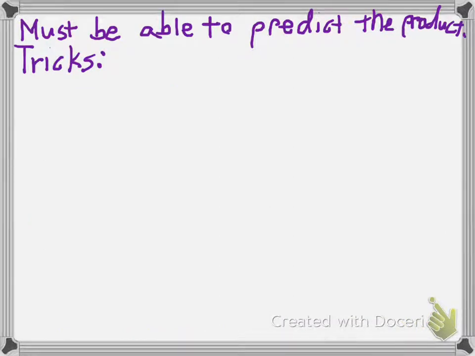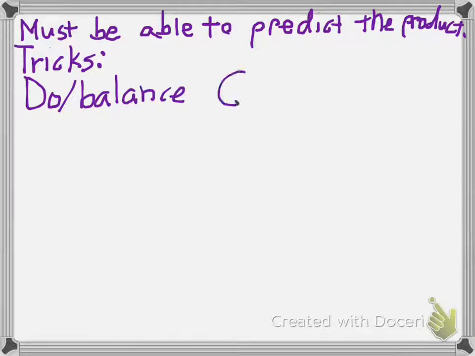All right, as you have seen on some of our ChemQuests that we've done already, these tend to be the most difficult equations to balance. So here are some tricks. The first trick is to balance carbon first.